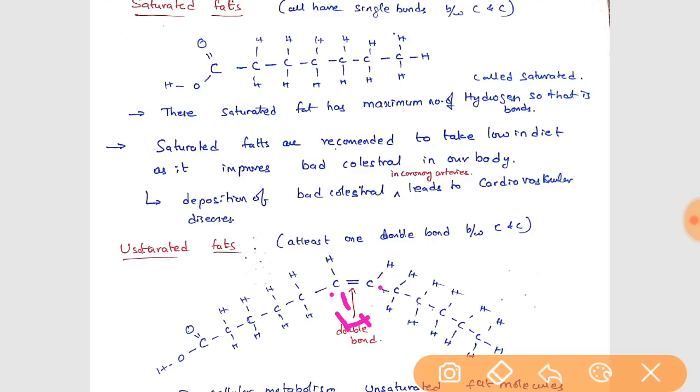Here also there is another scope to link a hydrogen atom to the carbon, because carbon has four bonds, it can bond with four elements, friends. Each carbon atom can bond with four other elements. If we take this C here, it can form a bond with this C, H, another H and another C. So there is a scope. So it is called unsaturated fats, friends.